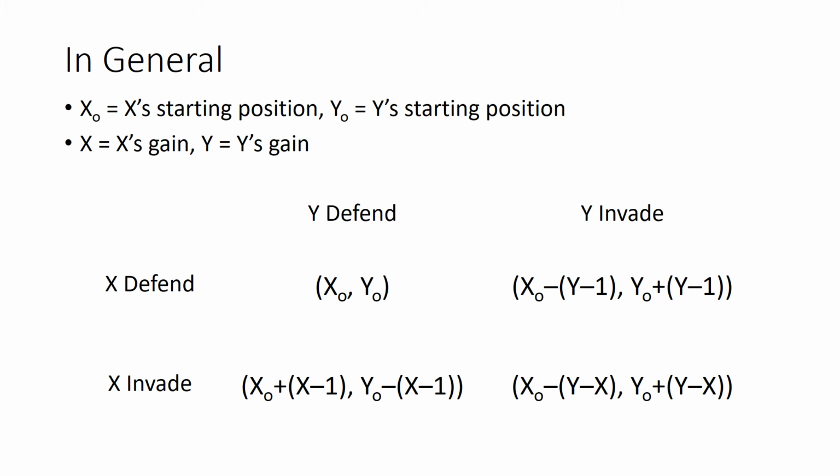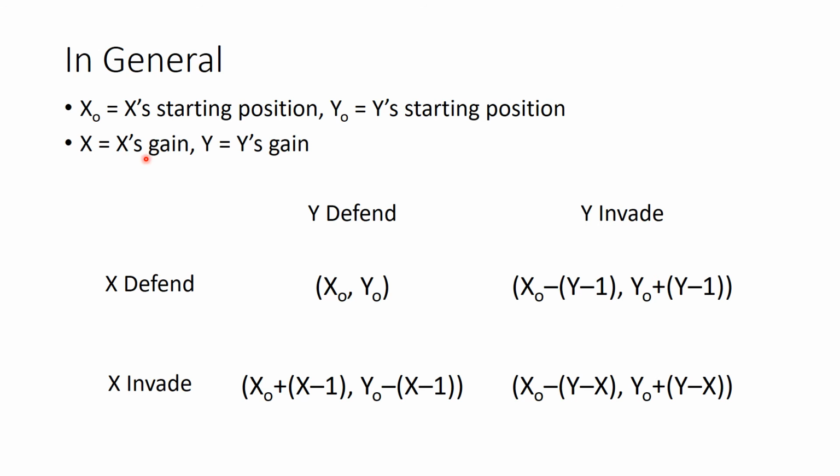After manually calculating all of the payoff matrices throughout my project, I started finding patterns in how I could create some type of formula. So if we look at the top first, every time we see an X naught, that is X's starting position, so here. Y naught is Y's starting position, so here.